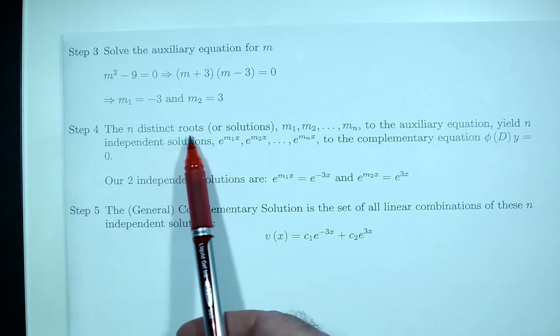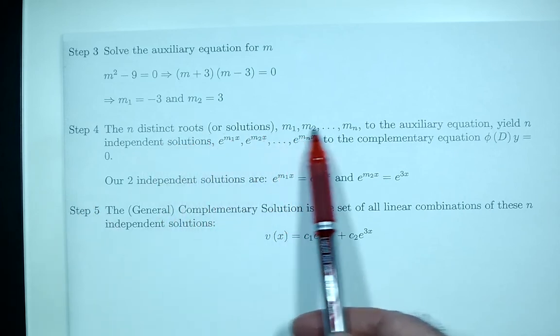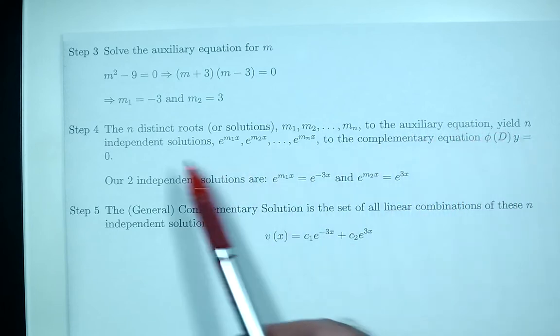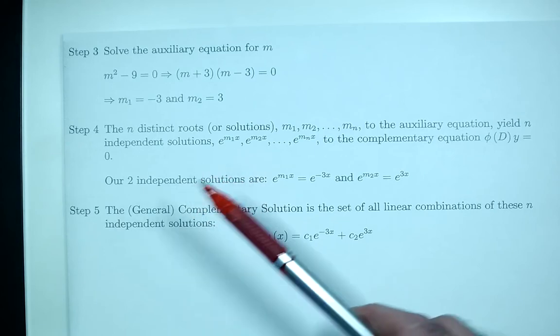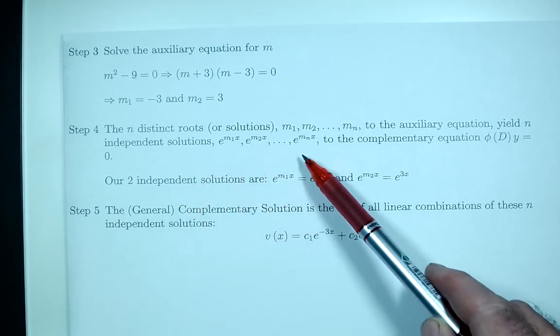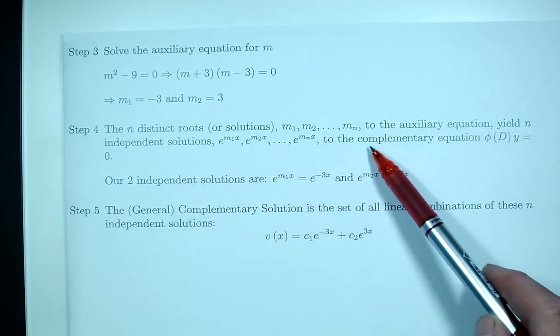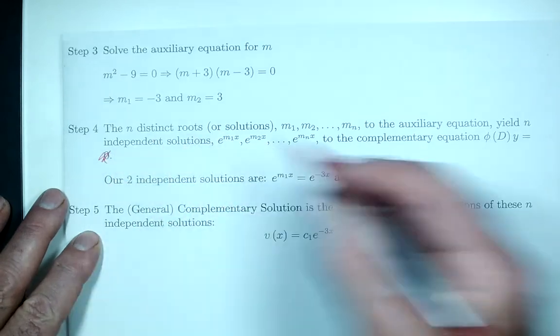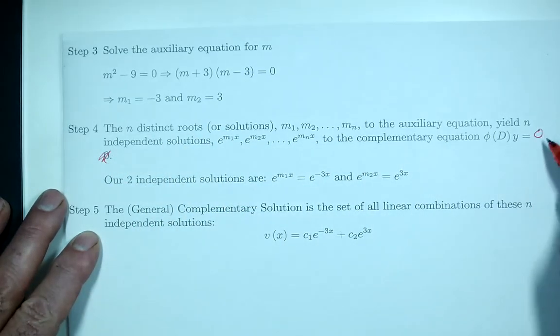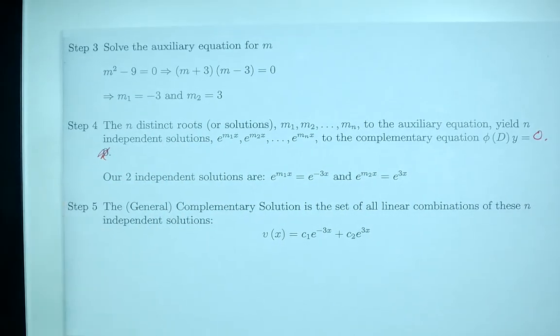And remember, the distinct roots to the auxiliary equation yield n independent solutions, e to the m1x, e to the m2x, ..., e to the mnx, to the complementary equation phi of D y equals 0.